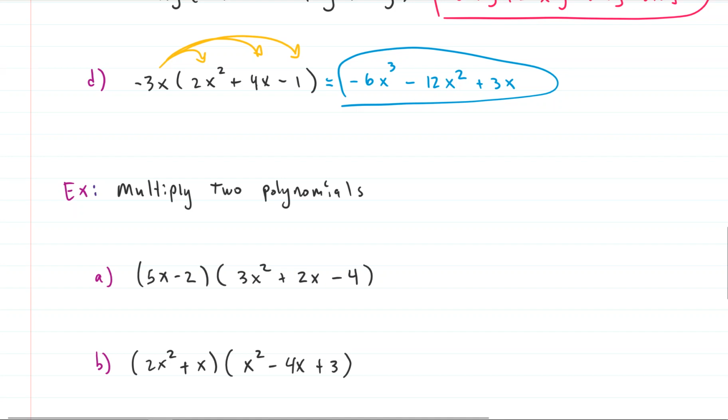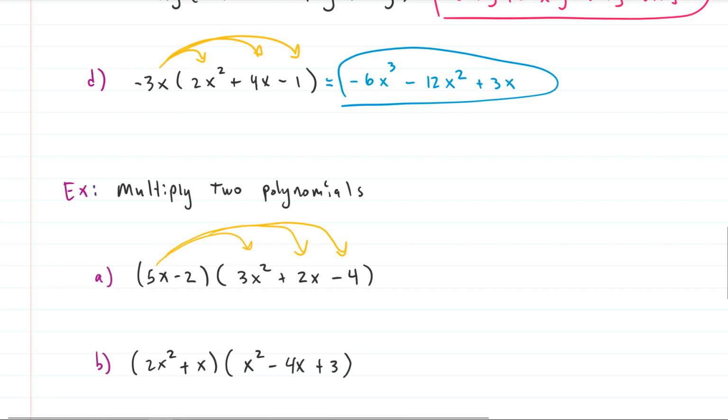So here in example A, we have a binomial, so 2 terms, 5x minus 2, and that's multiplied by a polynomial with 3 terms, 3x squared plus 2x minus 4. All we're going to do is multiply. We'll take the 5x, the first term in the left polynomial, and we multiply it by every term in the right polynomial.